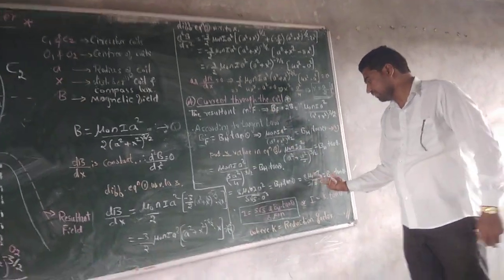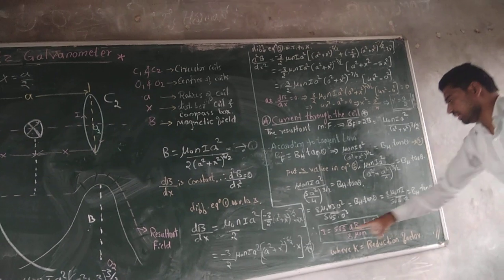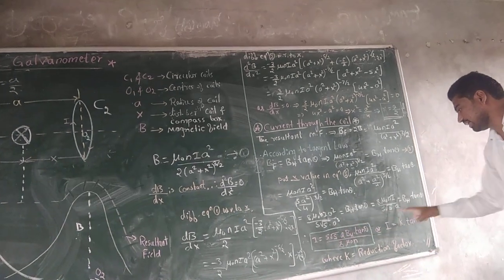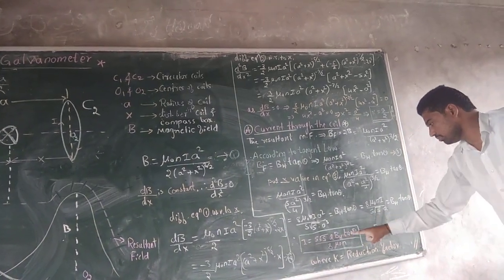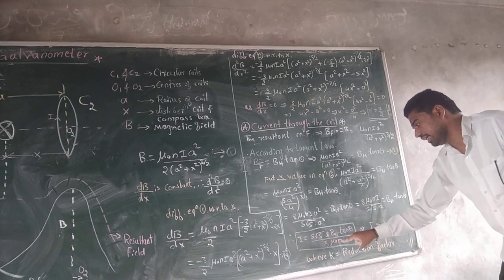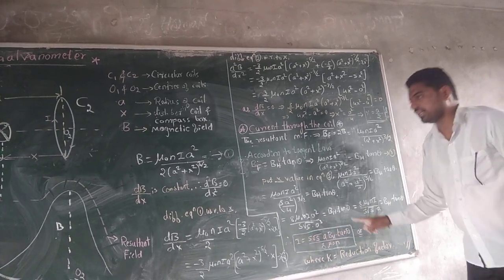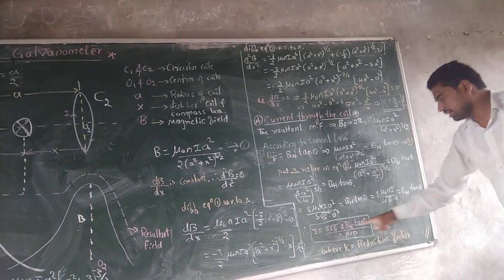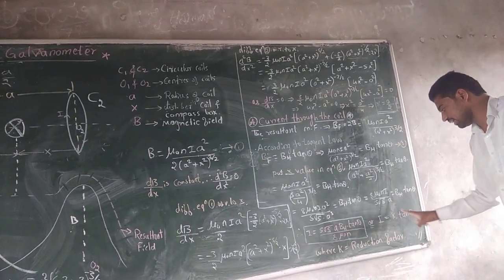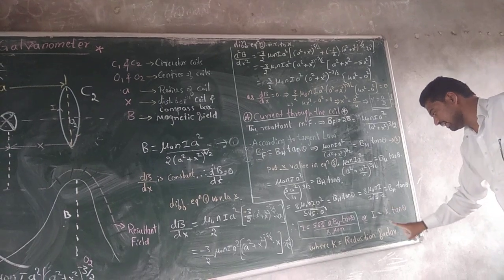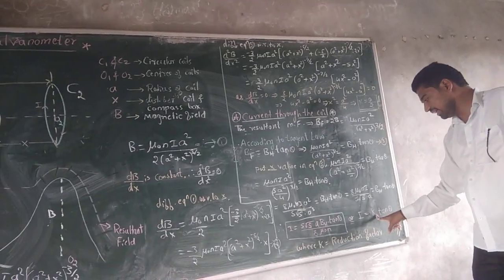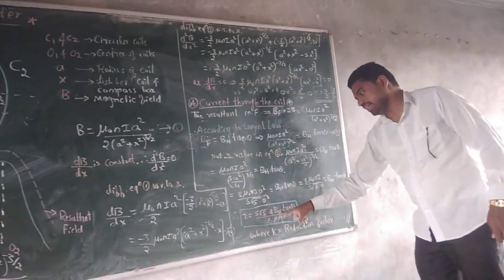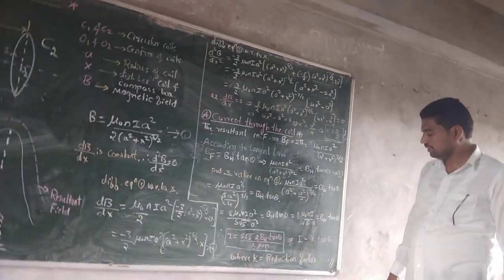Therefore I equals 5 root 5 a into BH into tan theta divided by 8 mu naught n. This is the expression for the current passing through the two circular coils. Or I equals k into tan theta, where k is a constant, or the reduction factor. The value of k is 5 root 5 a BH divided by 8 mu naught n.